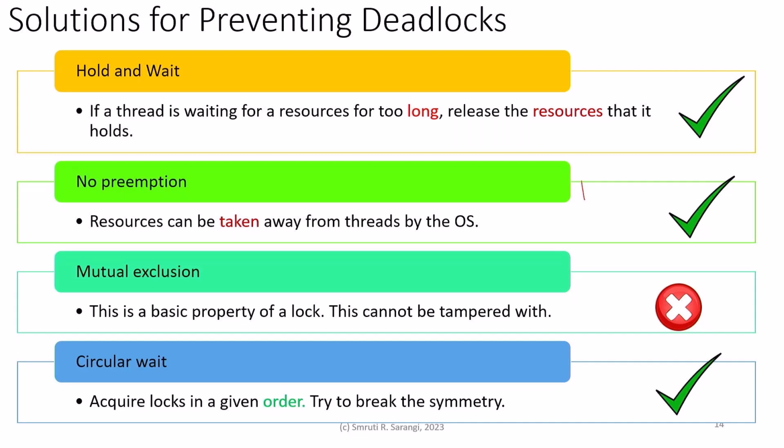No preemption means you force someone to keep the fork down. Mutual exclusion, well, that doesn't make sense here. That almost never makes sense, violating it. And circular wait means you design the protocol in such a way that a circular wait is not possible. It's not possible by design.